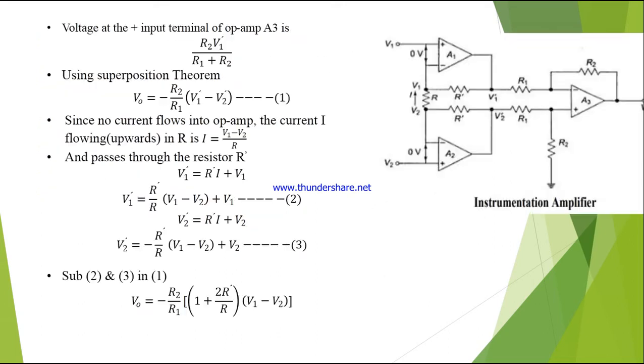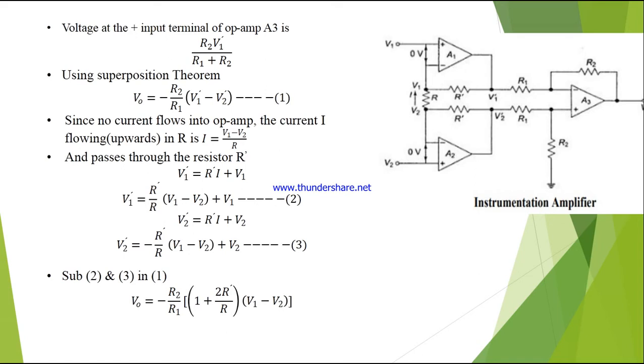Now we can see the next type, to avoid the loading effect. We are using two operational amplifiers, that is the improved version of this instrumentation amplifier, with the two operational amplifiers A1 and A2 having differential input voltage as 0. For V1 equal to V2, that is under common mode condition, the voltage across R will be 0.